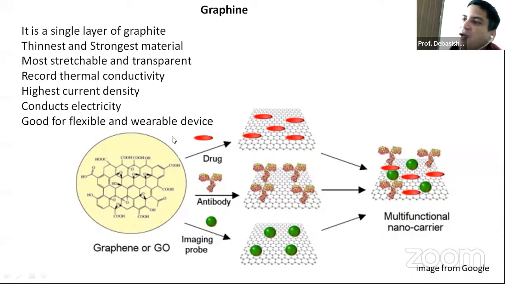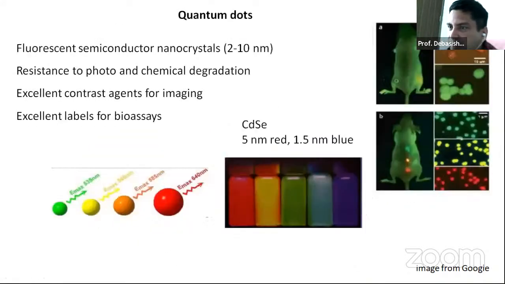Other than that, you can use graphene as a base for many biologically important chemicals. So you can wrap drugs with graphene, or you can put your antibody on the graphene surface and then use that for some kind of sensing property, or you can use graphene for imaging purposes. So this is one kind of thing.